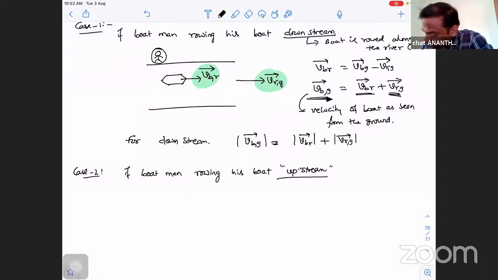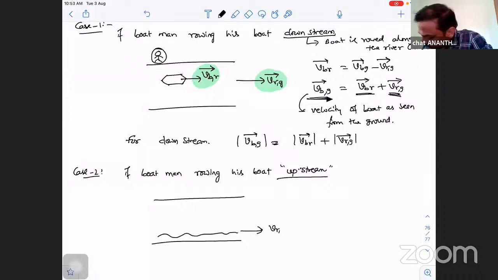What does upstream mean? See, let us say the river flows in this direction. This is VRG. The river is flowing towards the right, west to east. VRG bar, velocity of river as seen from the ground, means the original velocity of the river.